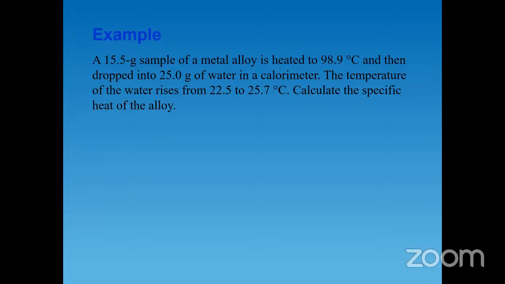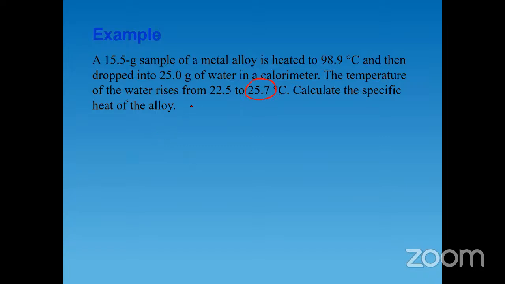So what's going to happen to the temperature of the metal? The temperature of the metal is going to fall while the temperature of the water is going to rise until we get to a state of thermal equilibrium, where the temperature of the metal and the temperature of the water will be the same. So basically, this final temperature here will be the final temperature of both the metal and the water, right?